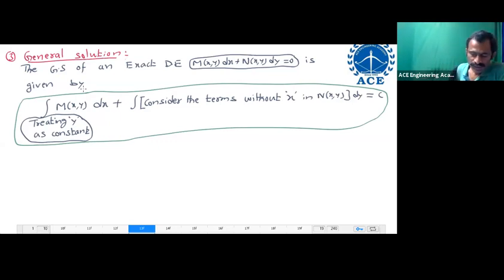This is about exact method. Now we move on to the problems. In the next page, we write the problem on this method.